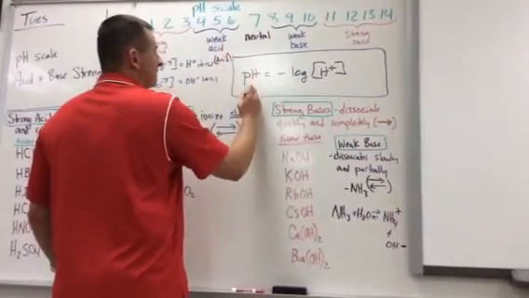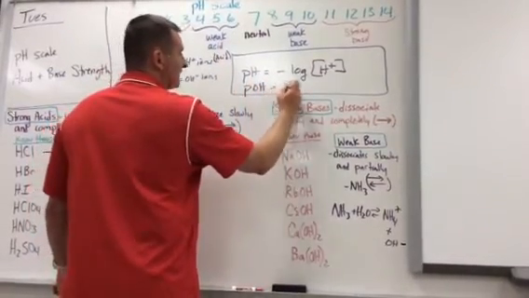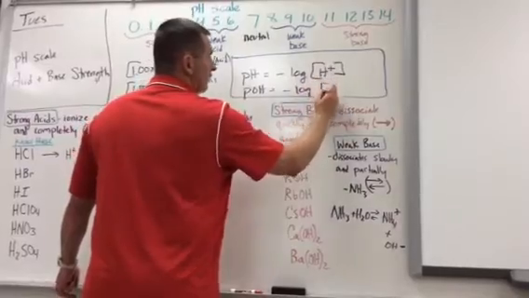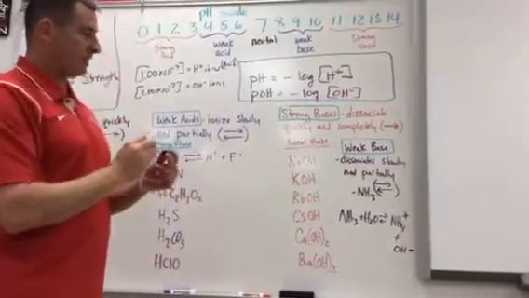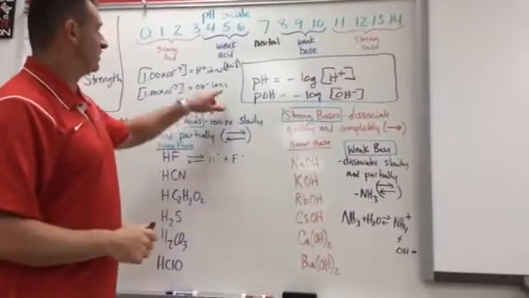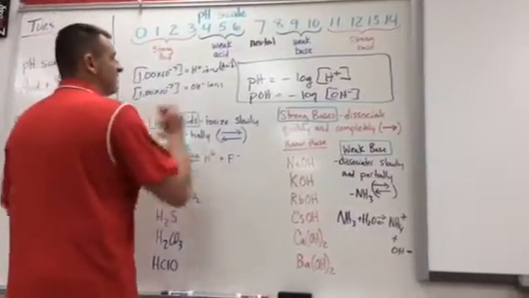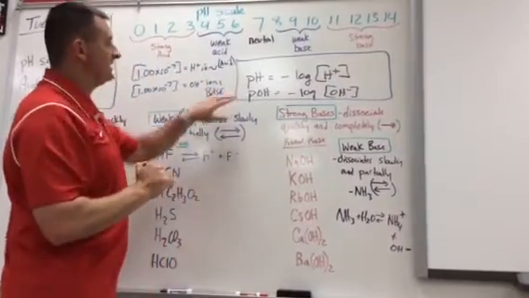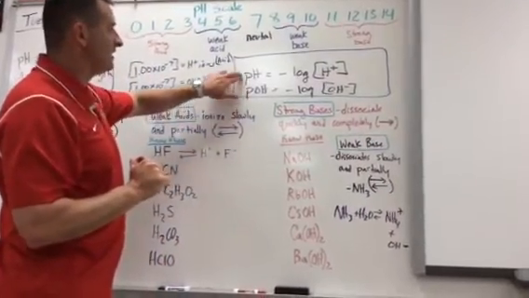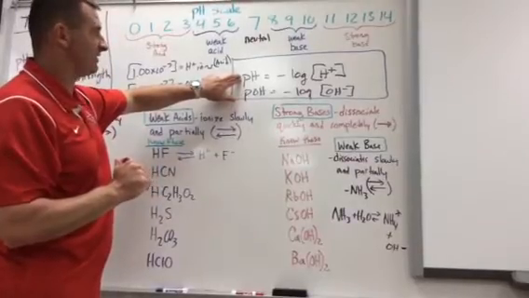When you see the term pOH, that's going to equal the negative log of the OH minus hydroxide ion concentration. So I want you to think of hydroxide ions as base ions. So the pOH is measuring the base ions. The pH is measuring the acid ions.